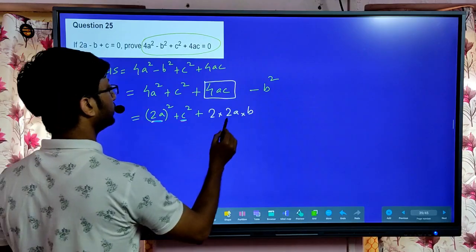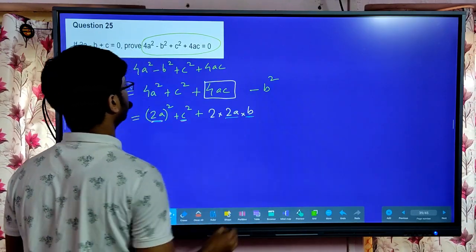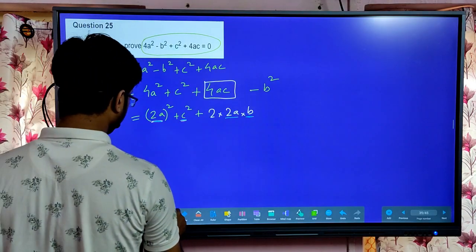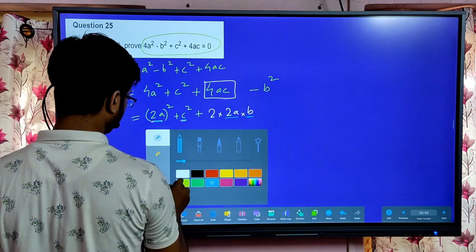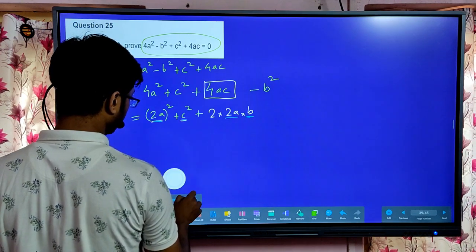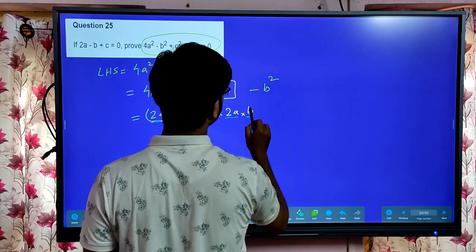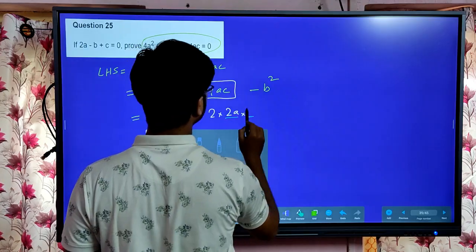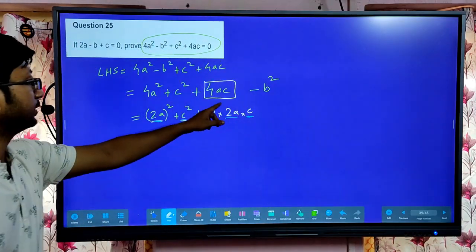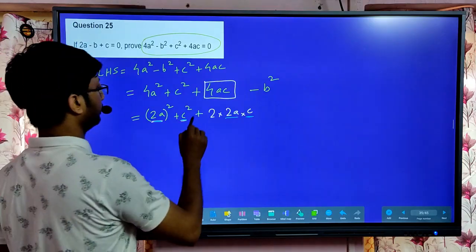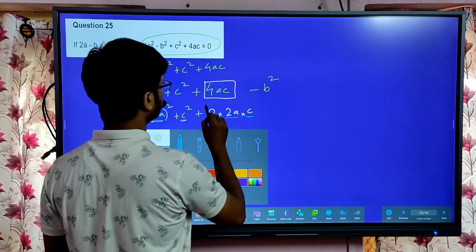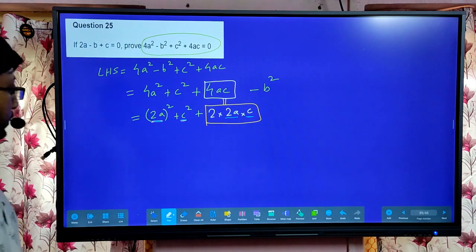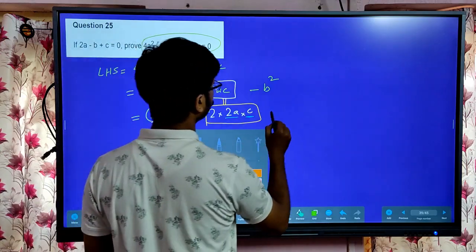So a square plus b square plus 2ab. Sorry, this is not b, this is c. Sorry. So together it is forming 4ac. Okay, this together is forming 4ac. Now separately I will write minus b square.